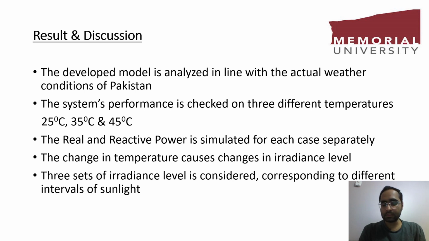For all of these three temperatures, the irradiance level is different. 25 degrees centigrade is posing a different irradiance than 45 degrees centigrade, so that the impact of temperature variation and the corresponding gradients can be seen in the output of the system. In the coming slide we will be seeing the graphs of our output on these three different temperatures.